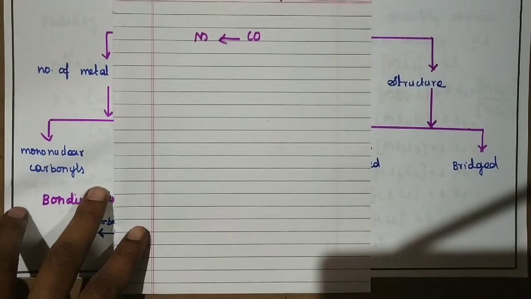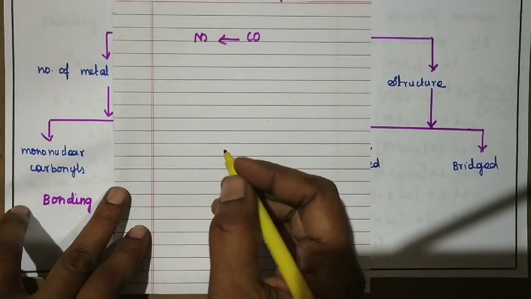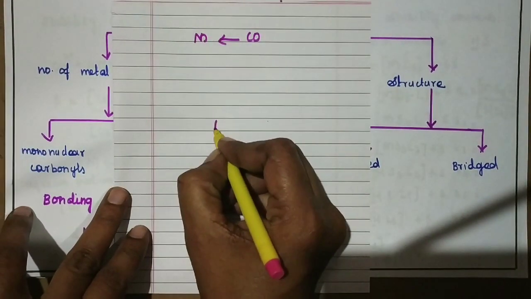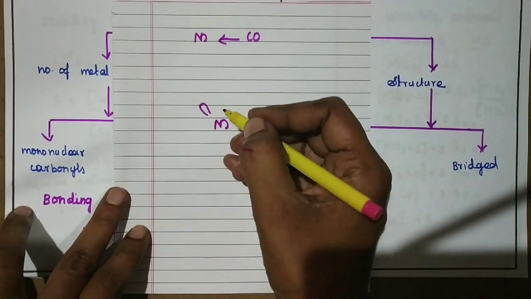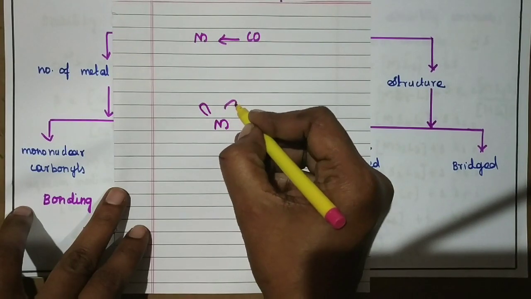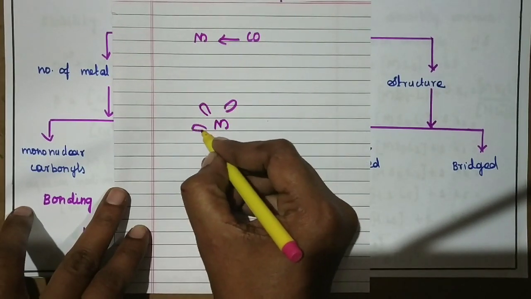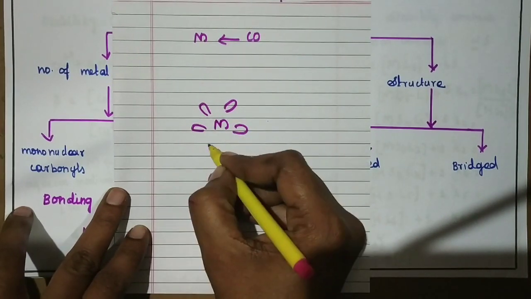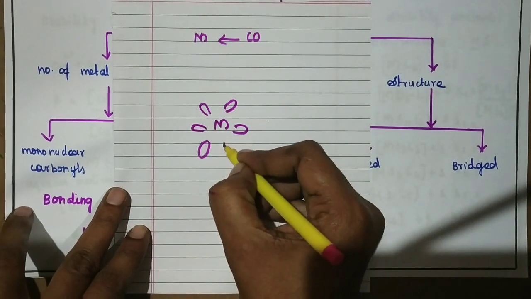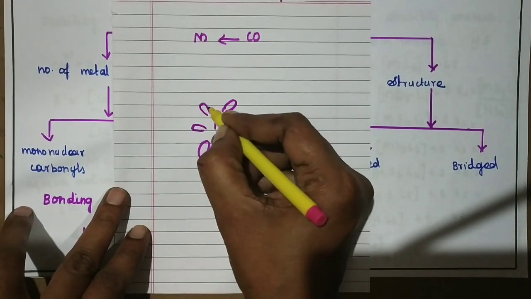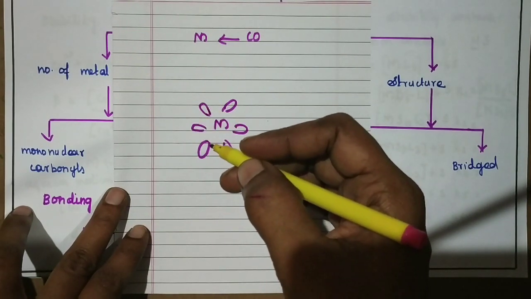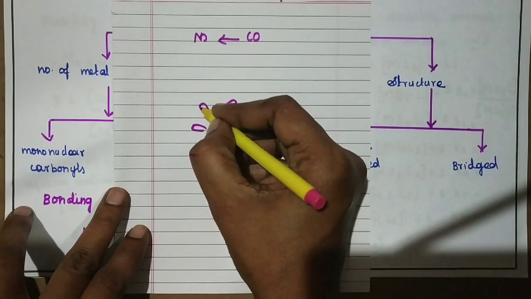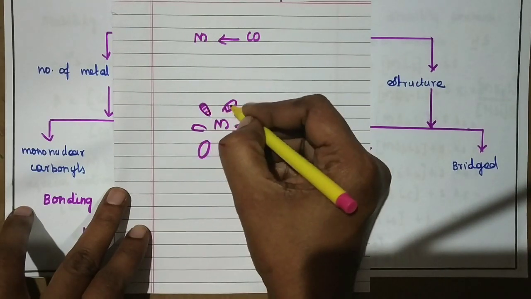In this sigma bond formation, first of all the central metal ion has filled orbitals.